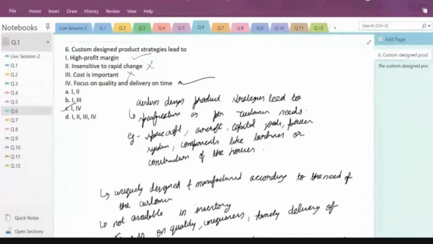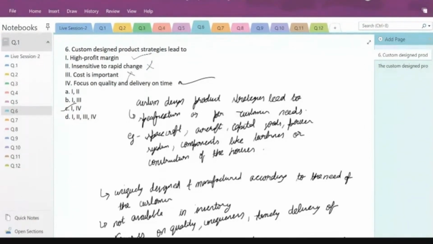Very sensitive to change in design. Custom design products are not manufactured for stock, so they are not available in inventory. Our focus is on the uniqueness of the product, and it should be constantly upgraded to the current needs or trends of the customer or the market. That is why it is very sensitive to change in designs.